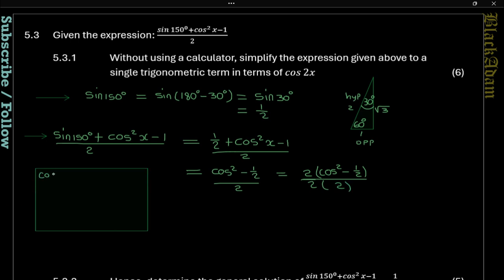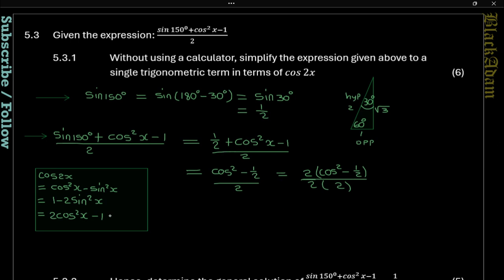So we know that cos 2x, those are the formulas you need to know. You check on the formula sheet. So it's cos squared x minus sine squared x, and it's also equivalent to 1 minus 2 sine squared x, or it is 2 cos squared x minus 1.